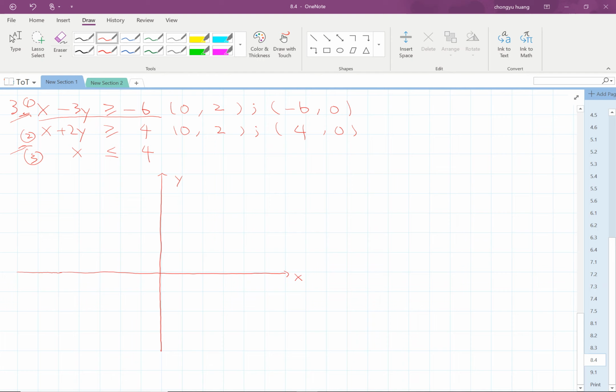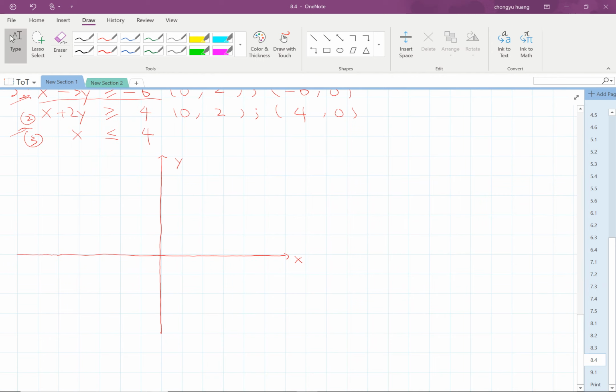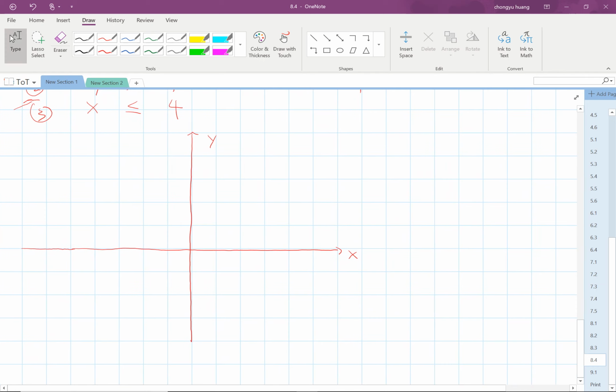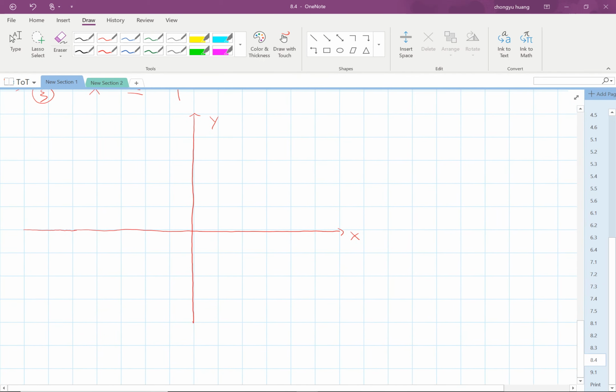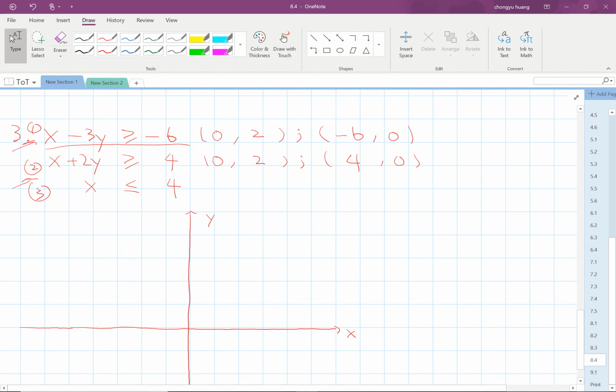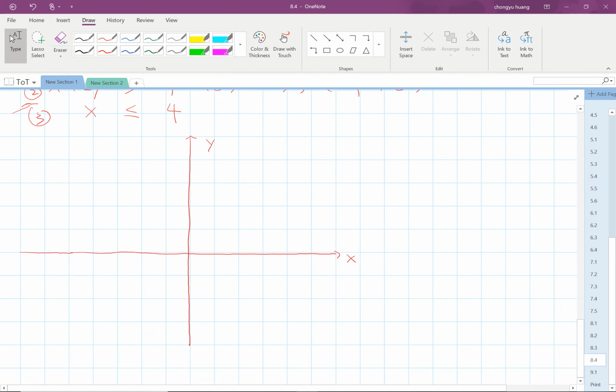Now we are ready to join the line. Let's plug those points into the graph. Let me zoom in a little bit to make it clearer. We have 0, 2, so we have 1 and then 2.